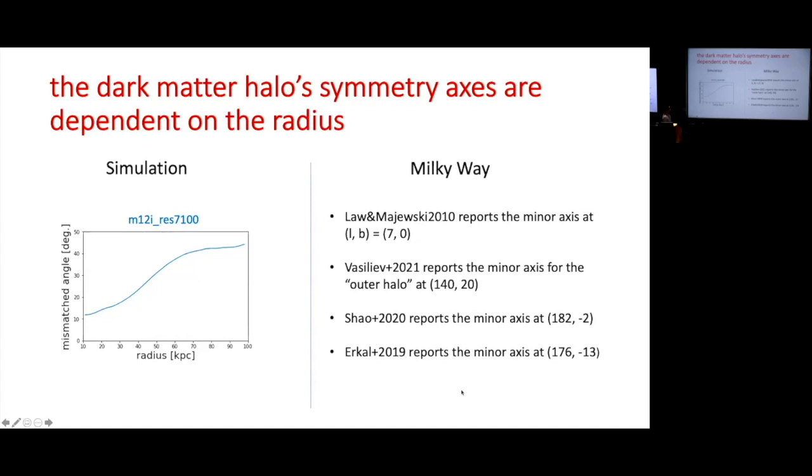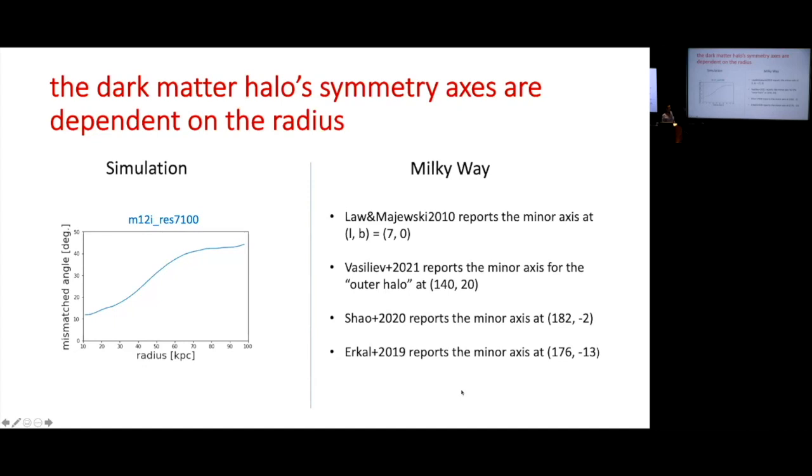On the left-hand side, I show you a plot from one of the simulations from the FIRE-2 suite, m12 in this case, where I plot the misalignment angle, which is just the angle between the minor axis of the dark matter halo at each radius and the direction of the total angular momentum of the disk of the galaxy at different radii. We see the mismatch starts off around 10 degrees at 10 kpc, but this value goes up to around 50 degrees at 100 kpc.